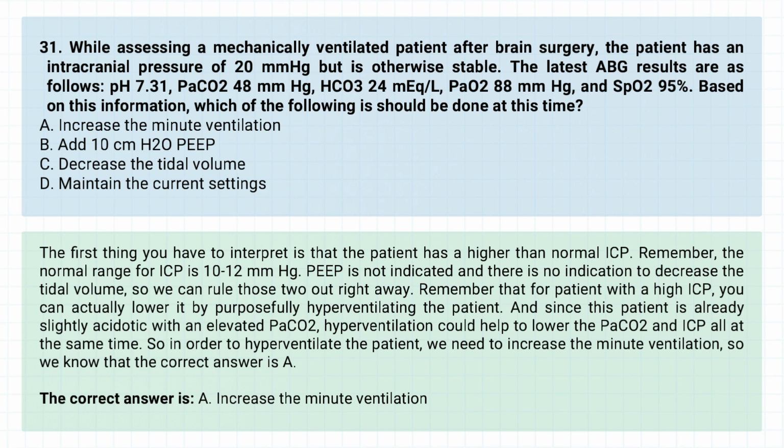And since this patient is already slightly acidotic, with an elevated PaCO₂, hyperventilation could help to lower the PaCO₂ and intracranial pressure all at the same time. So in order to hyperventilate the patient, we need to increase the minute ventilation. So, by breaking this question down and taking everything into consideration, we can determine that the correct answer has to be A. Increase the minute ventilation.